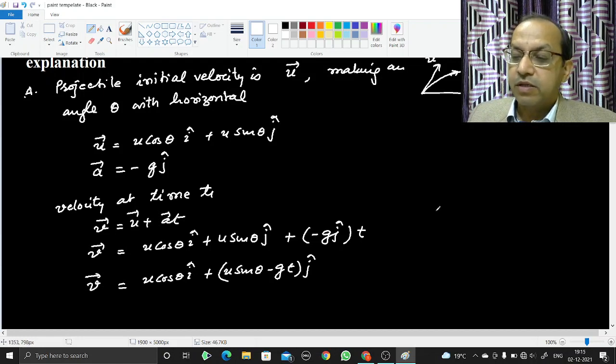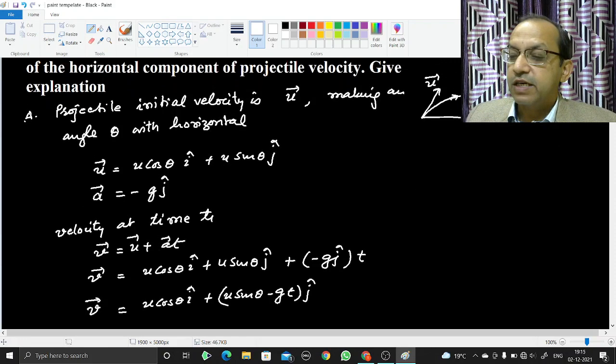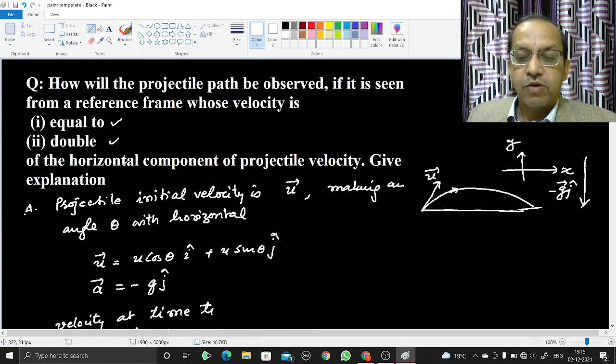Now this projectile is seen from a reference frame whose velocity is equal to the horizontal component of projectile velocity. So we will solve the first part.